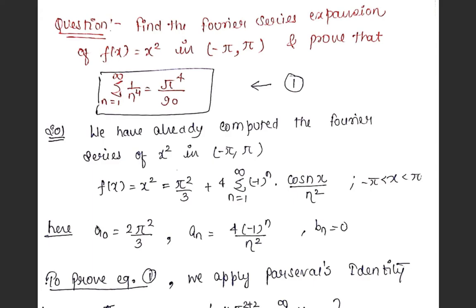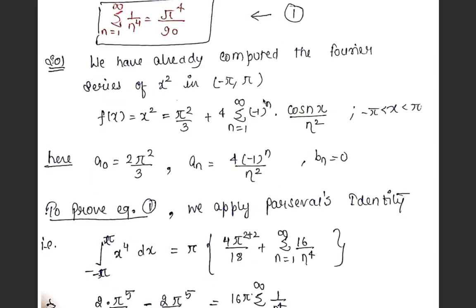Note that whatever point you substitute from this interval, say if I substitute x equals 0, cos 0 is 1. Here we will be having 0. Means we will be left with minus 1 to the power n divided by n square. But I want the summation of 1 by n to the power 4.